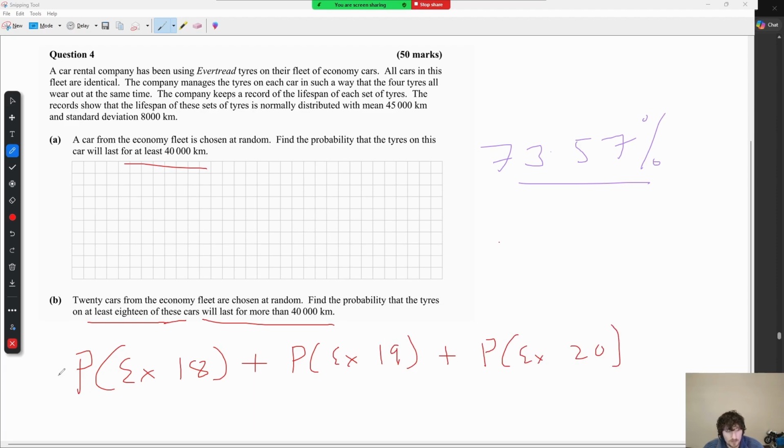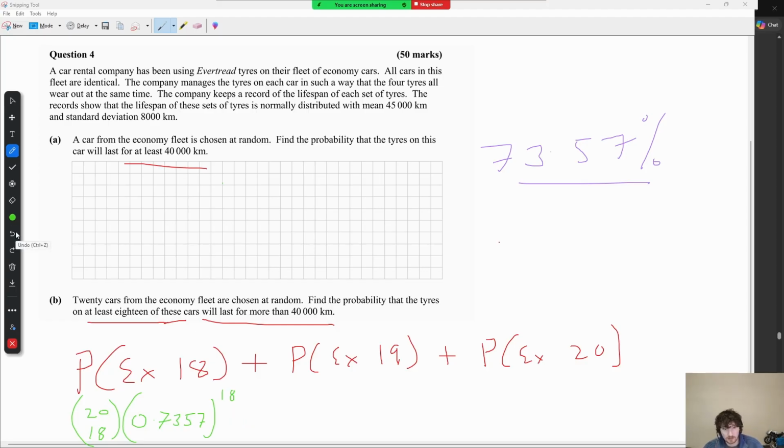So what we do then is we write down a Bernoulli trial for this. Out of 20, we want 18 successes. The chance of success is this number up here, 0.7357 to the power of 18, and then we have a failure. Failure is 1 minus that number.